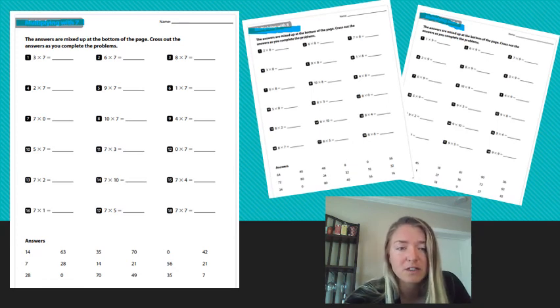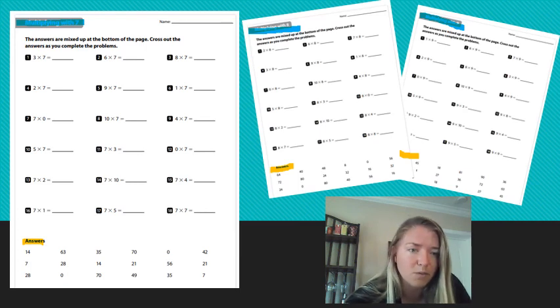What's different about these 3 pages is these ones have the answers at the bottom of the page, but they're all jumbled up. So you still need to go through and solve all of these problems, but after you solve them, you can find the answer in one of these rows down here, and you're going to cross it out.